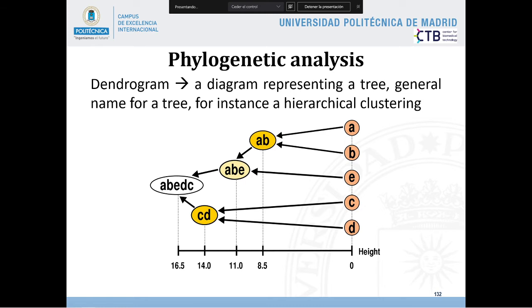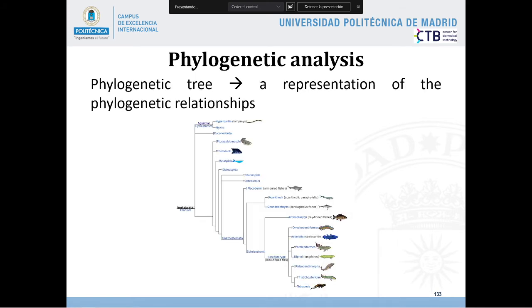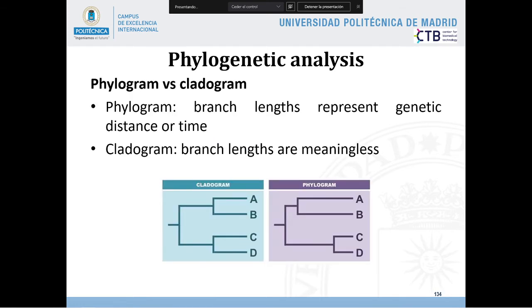Here what you have represented is a dendrogram. A dendrogram is just a diagram that represents a tree, and we use that term as a general name for trees. One of the most common scopes in which we use that term is hierarchical clustering. Instead, a phylogenetic tree is a representation of phylogenetic relationships, that is the distinction between a dendrogram and a phylogenetic tree.